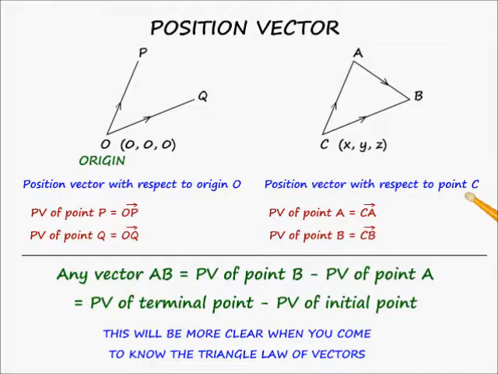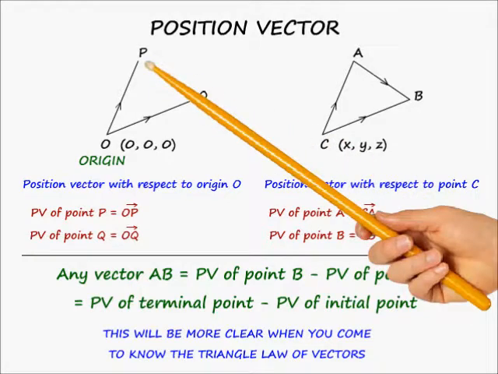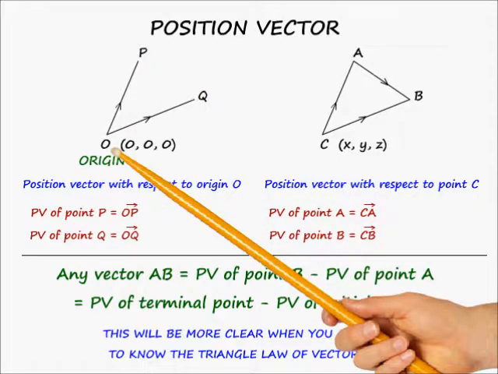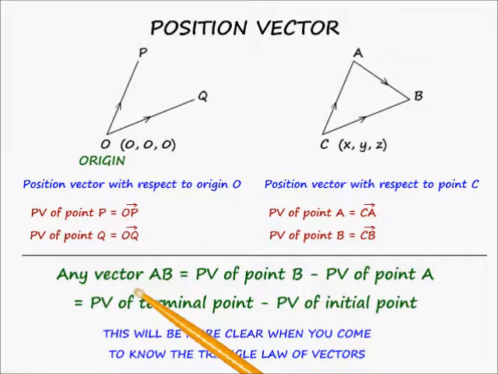In practice, position vector of a point P means that P is the terminal point of the position vector with respect to some fixed point. Any vector AB is always equal to the position vector of B minus position vector of A, which is equal to position vector of terminal point minus position vector of initial point.